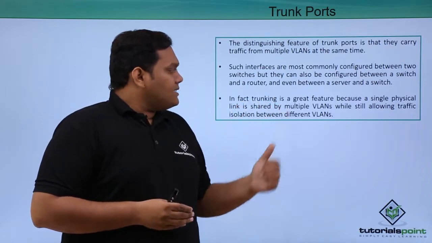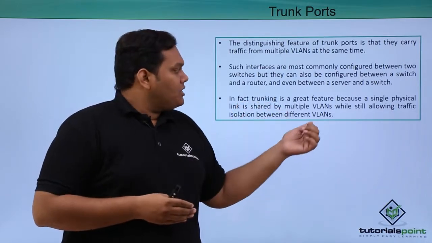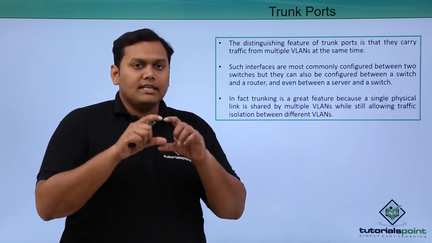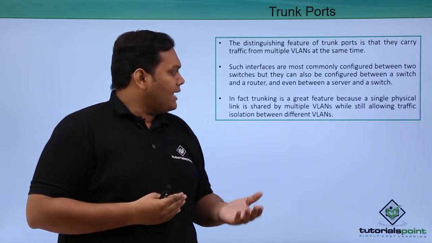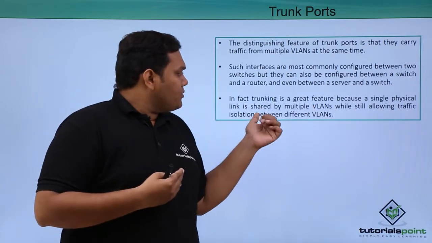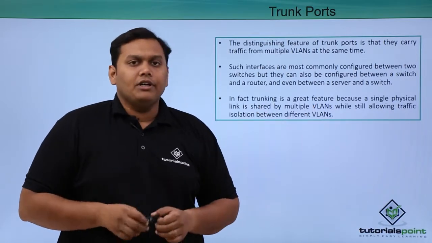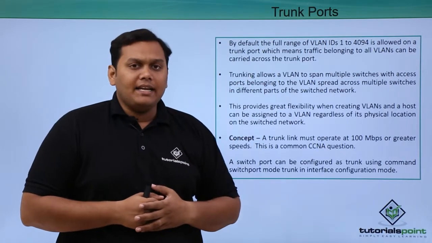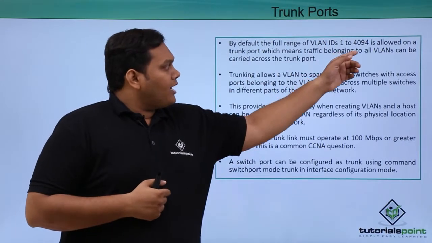Trunking is a great feature because a single physical link is shared between multiple VLANs while still allowing traffic to pass through it. By default, the full range of VLAN IDs, 1 to 4094, is allowed.